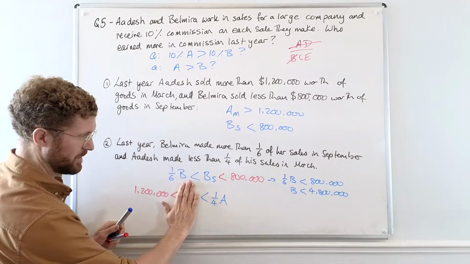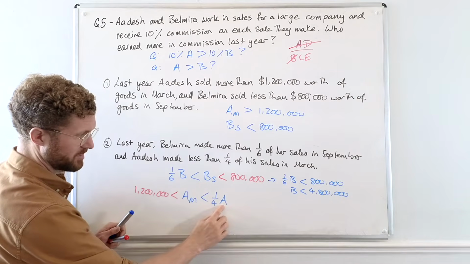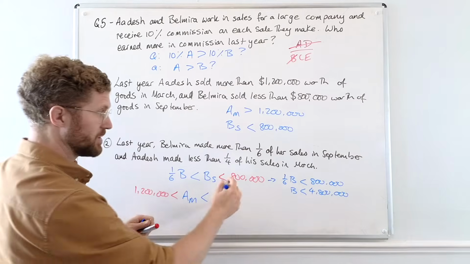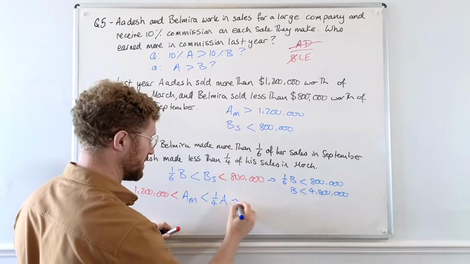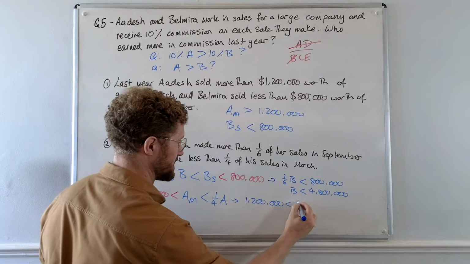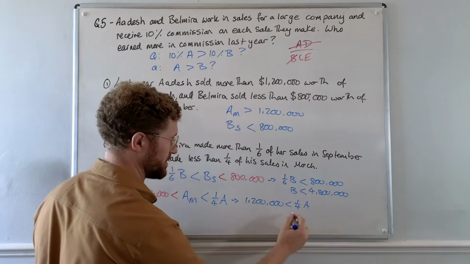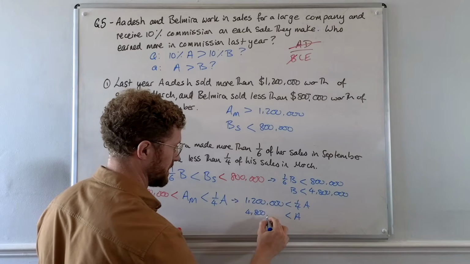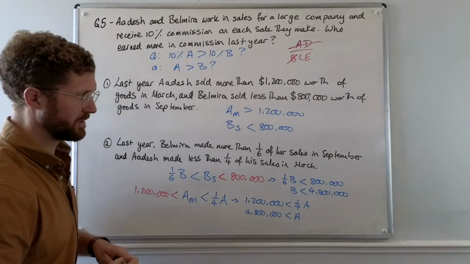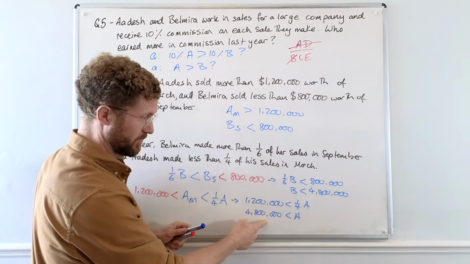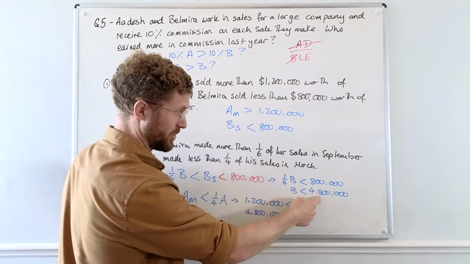We can ignore the middle and say that 1,200,000 is less than 1/4 of Adesh's total sales. So Adesh's total sales are greater than 4,800,000. Adesh is greater than 4.8 million, Belmira is less than 4.8 million.